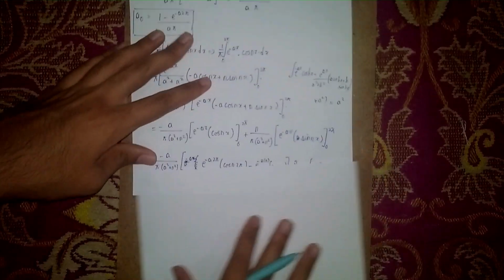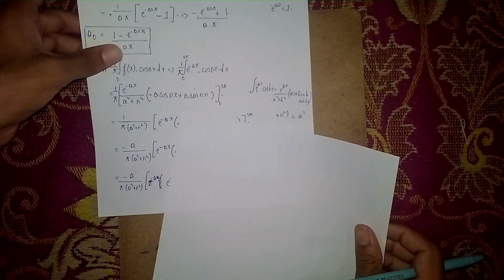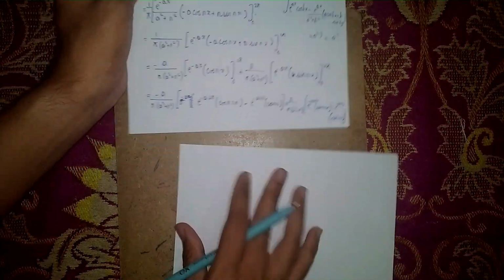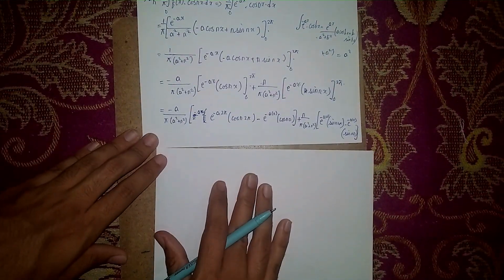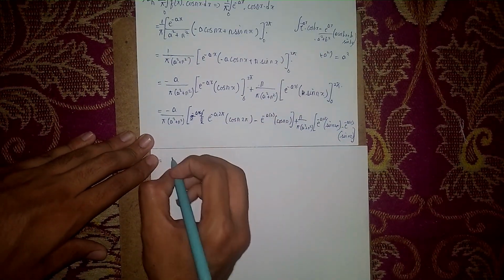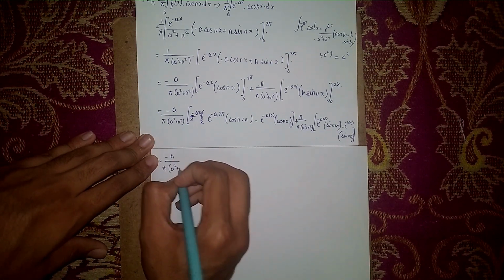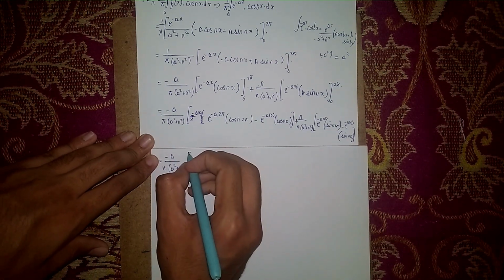Now writing the next step, it will be better to understand. Next is, same like this, equal to minus a by pi a square plus n square, then open the bracket.